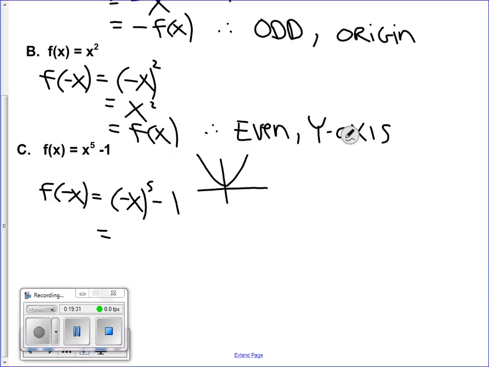Negative x to the fifth minus 1. Now, does this equal f of x, the opposite of f of x, or neither? Neither. So, there is not going to be any symmetry about the origin or the y-axis. Leave it blank. Because what I'm going to say on the quiz is indicate any symmetry. So if you don't indicate any, that means there's none.